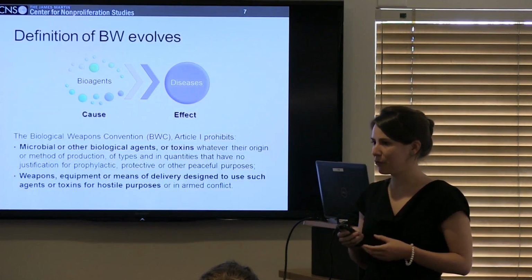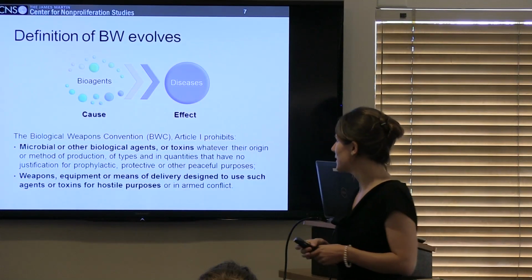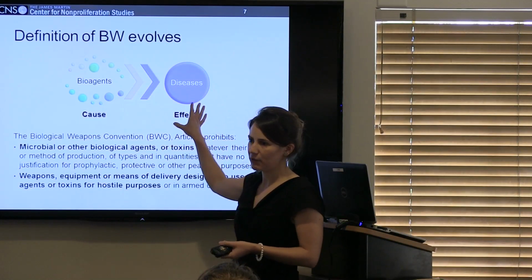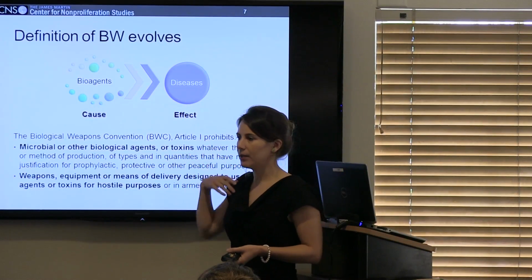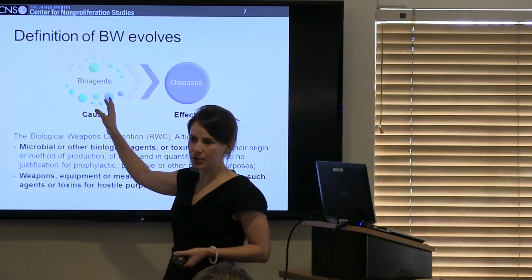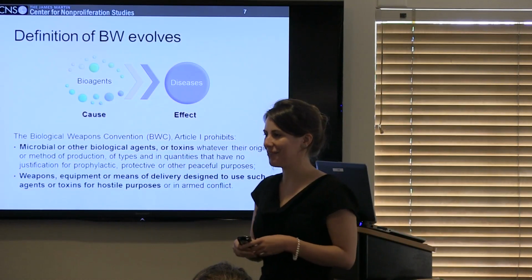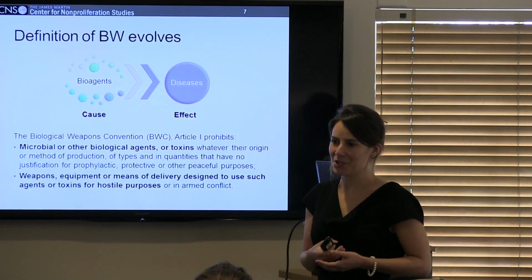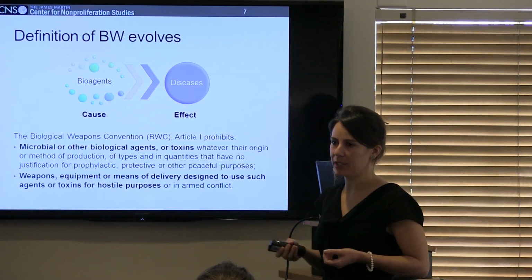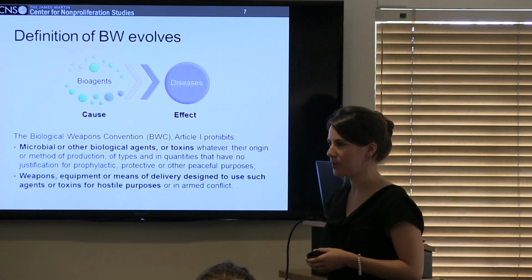Even from a logical standpoint, in the way we talk about biowarfare, before the germ theory of disease we really just talked about an effect, which is to cause disease. And nowadays, when we talk about biowarfare, we really focus on the cause, which are the bioagents. For this presentation, I would like to present some changes in science. So I think a better definition is really to think of an application of using life science knowledge against other living forms.